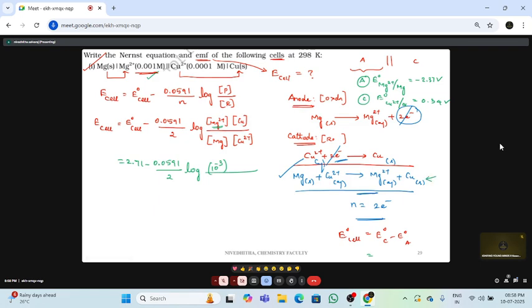If the system is solid or liquid, then the concentration is unity, so you need not include this. Similarly, the concentration of magnesium is also 1 because magnesium is in solid state. And in the denominator, we have one more parameter, the concentration of copper 2 plus, which is given as 0.0001, which is 10 power minus 4. If you simplify these values, you'll end up with the value of E cell, which is the EMF of the given cell.